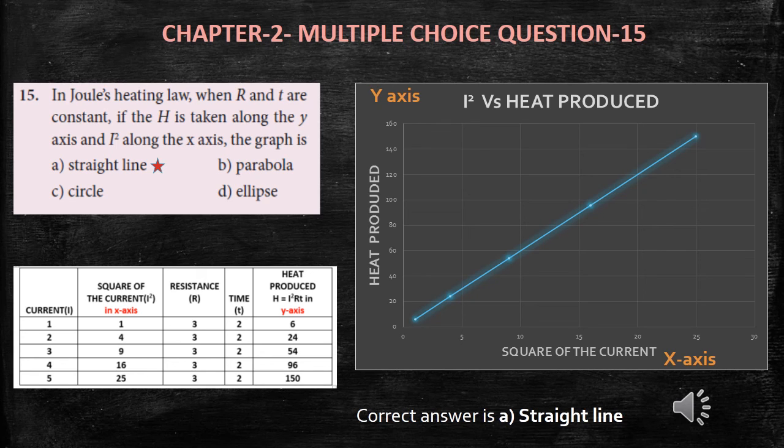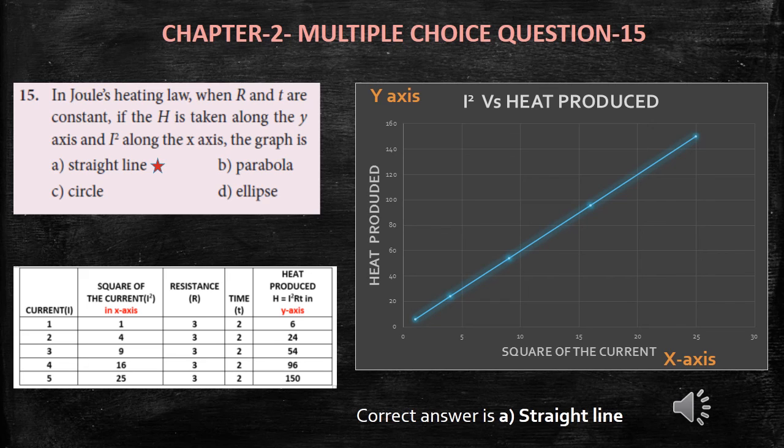You are asked to answer what will be the shape of the graph. So what is the formula to calculate the heat produced? Heat produced is equal to I square R t. Substitute the values of I square, R and t from the tabular column.